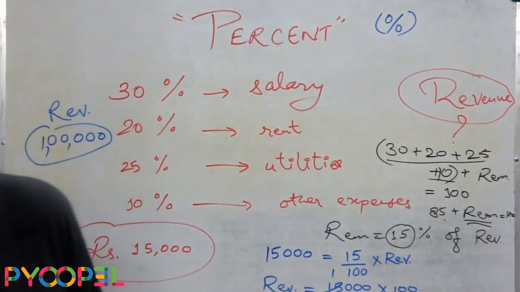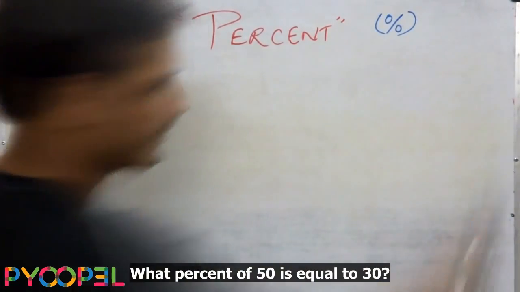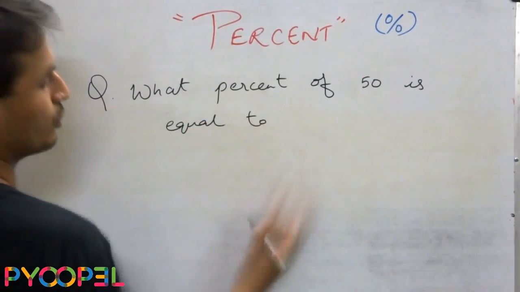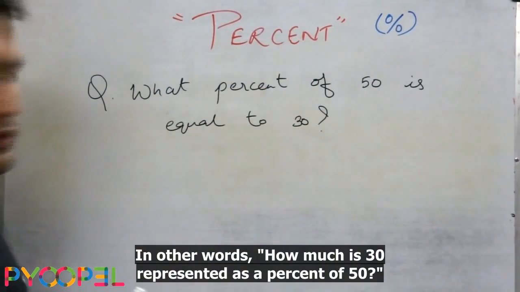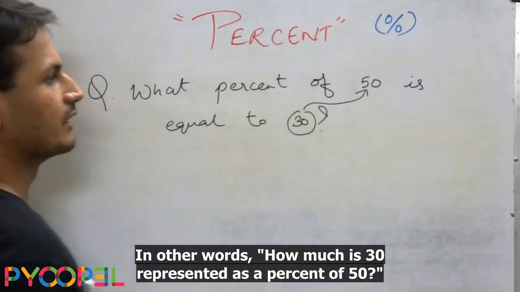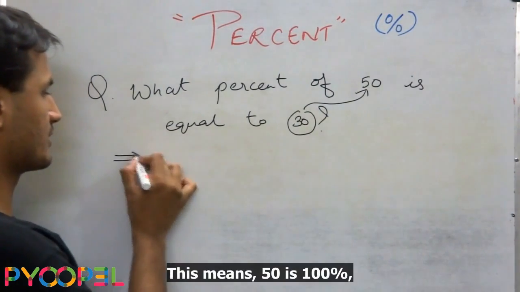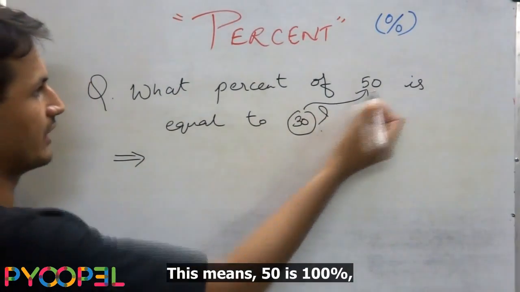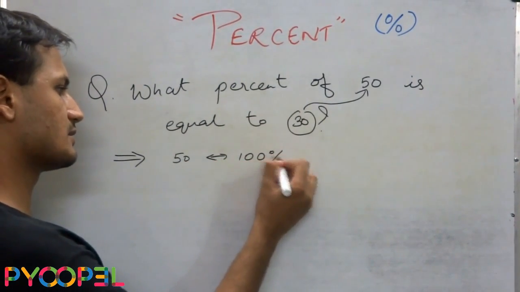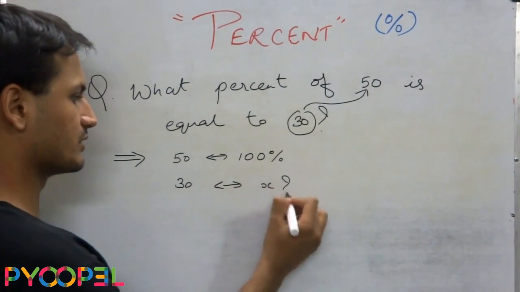Let's take one more example here. In other words, we can also say how much is 30 represented as a percent of 50. This means 50 is 100%, then 30 is what percent?